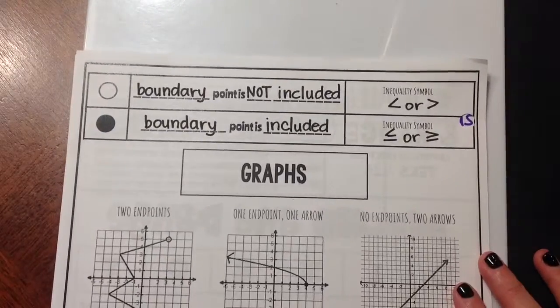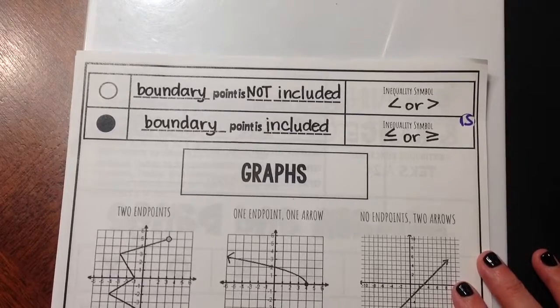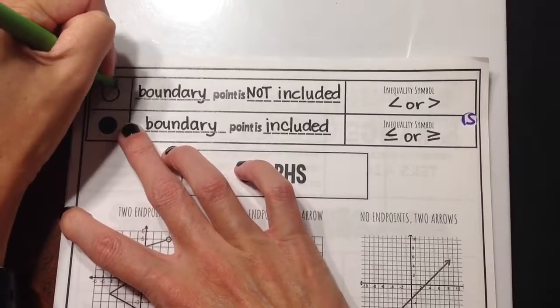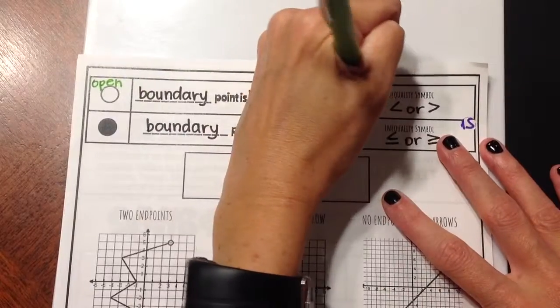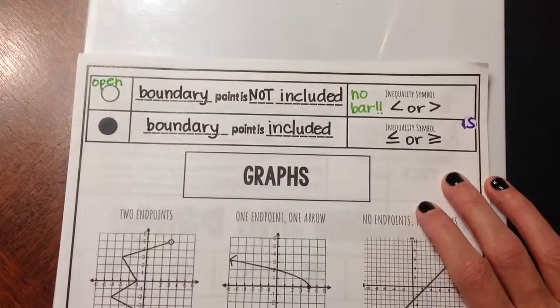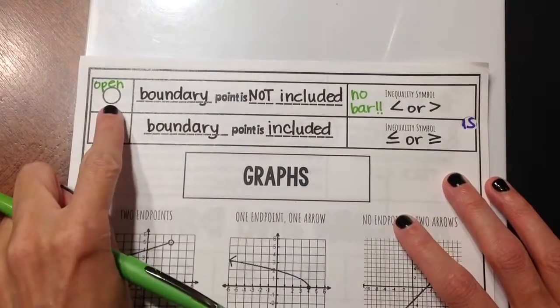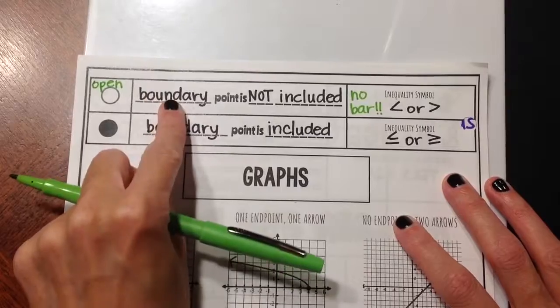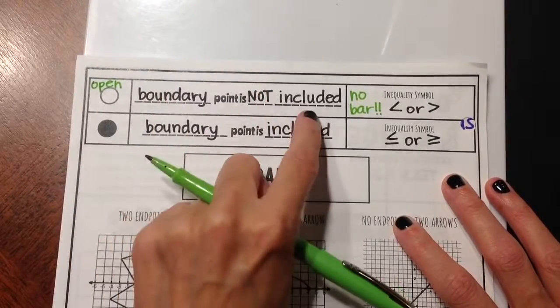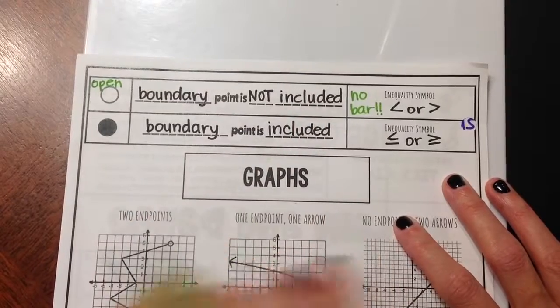But first, we've got to review our open and closed points. If you have an open point, that means no bar, so you will be using your less than or your greater than sign. An open point means that the X value or Y value at that open point is not going to be included if we were making a list.